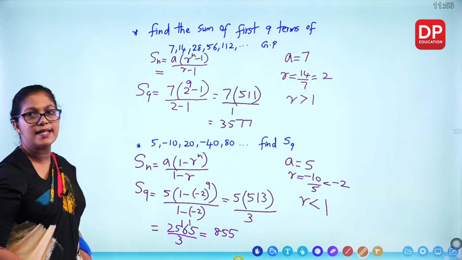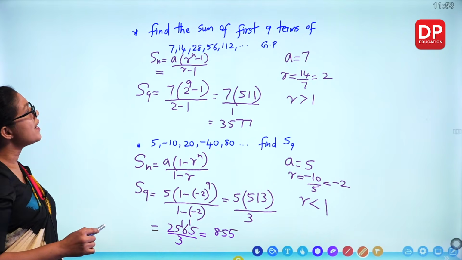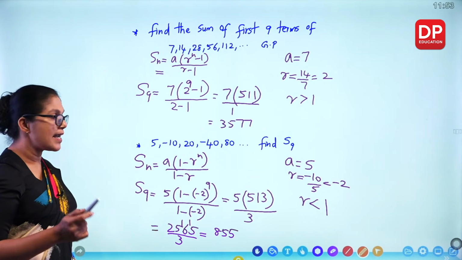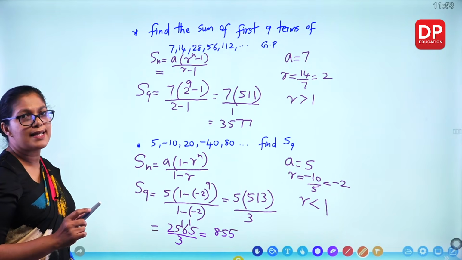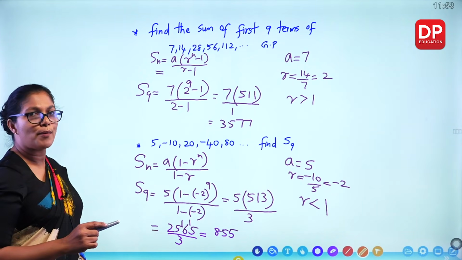So S9 is 855. So when you want to find the sum, first identify whether R is greater than 1 or less than 1, and then select the suitable formula.